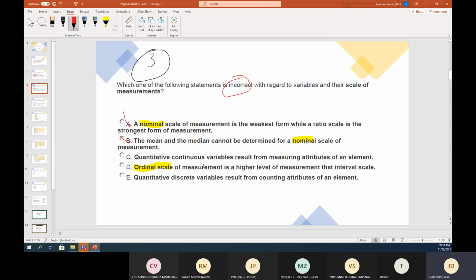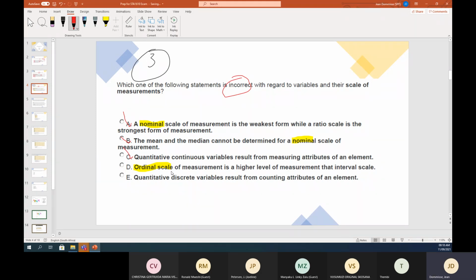Quantitative continuous variables. Now we just need to remember what a quantitative continuous variable is. That is something like how long you have driven. Quantitative continuous variables result from measuring attributes, and that is correct.